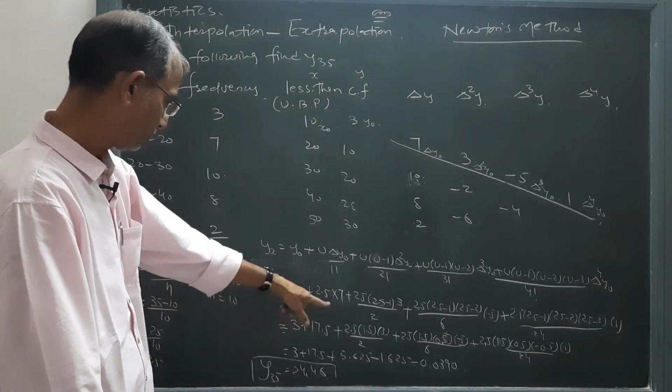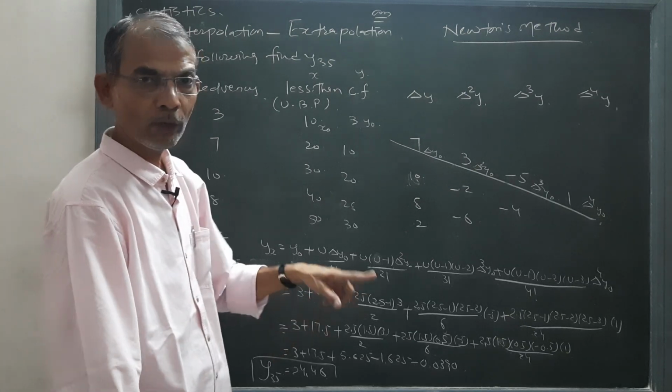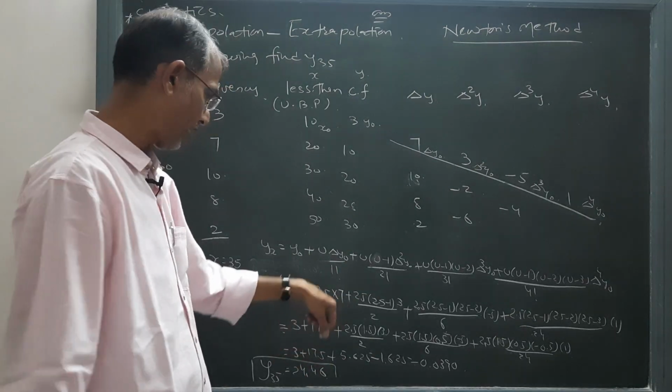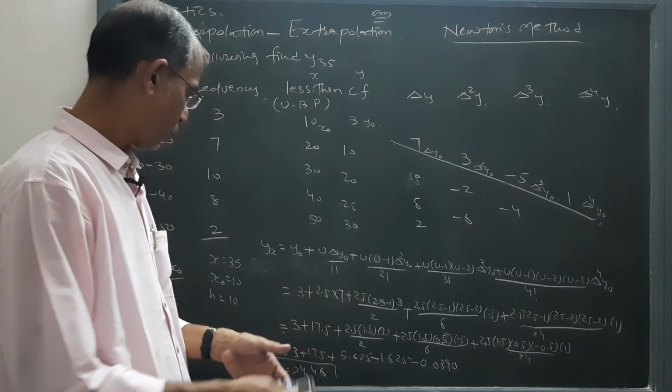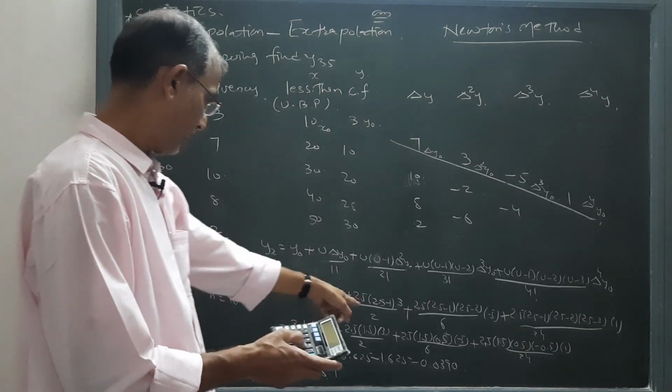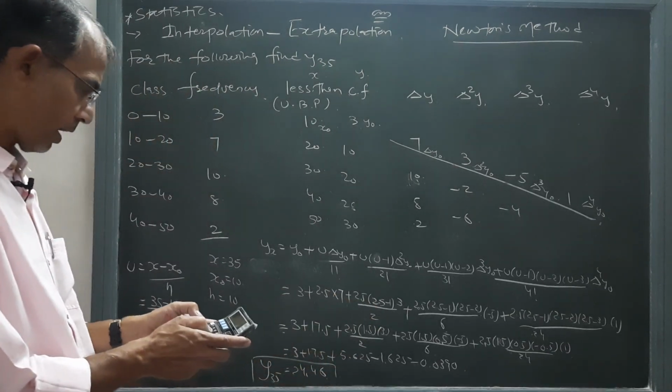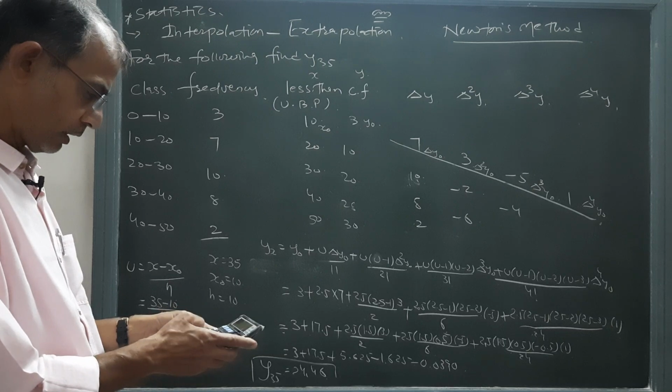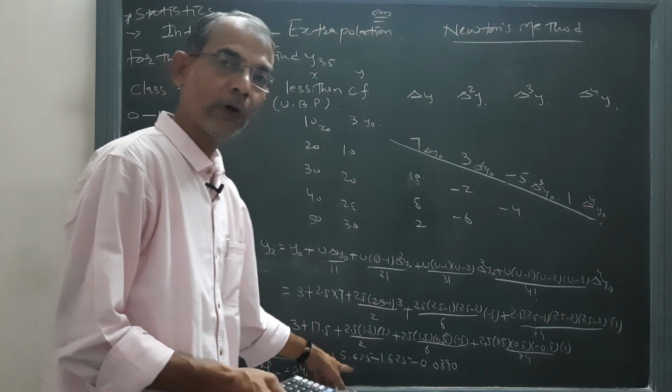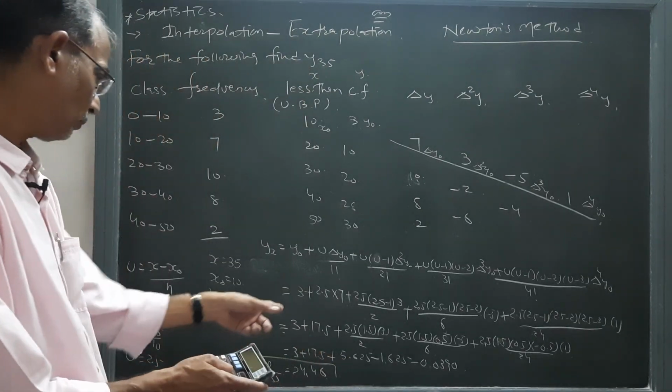So 3, and 2.5 into 7 is 17.5, and 2.5 into 1.5 into 3 divided by 2 is equal to 5.625.